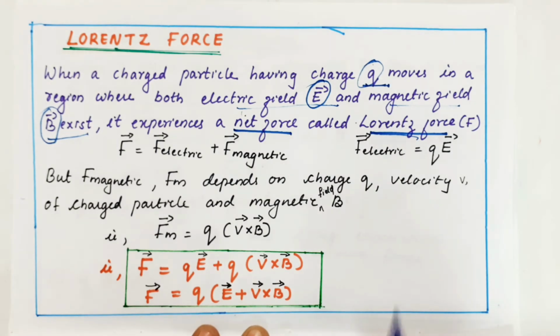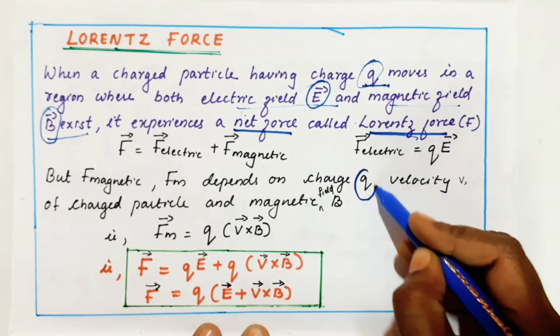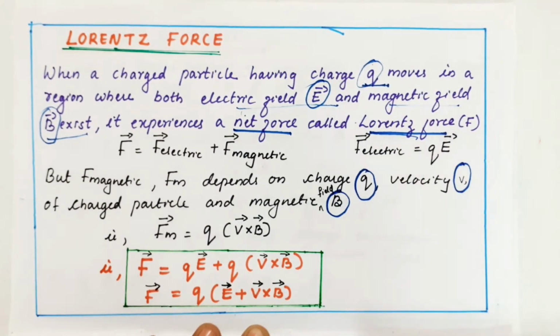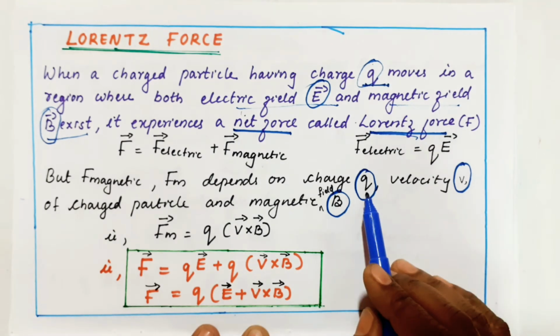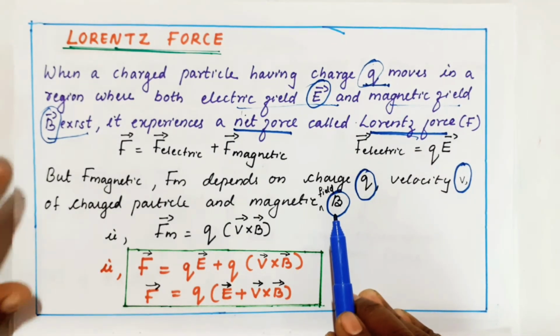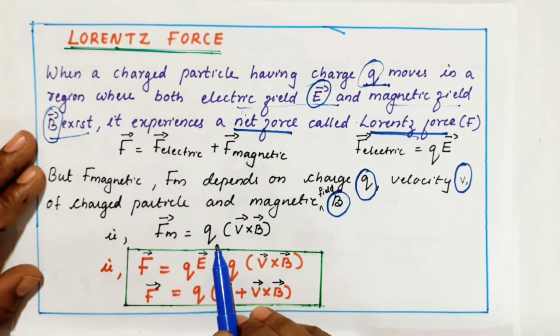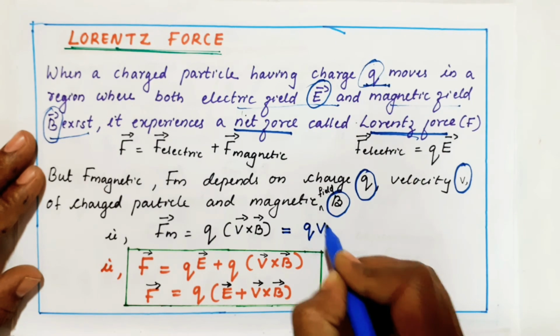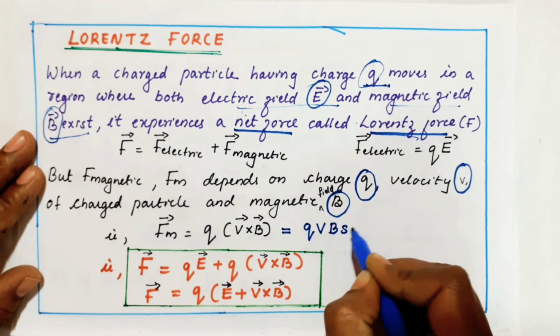It depends upon charge, velocity as well as magnetic field. Very important. Okay. So magnetic force depends upon three quantities: charge, velocity and magnetic field, and it can be written as Fm equals Q into V cross B. It means QVB sin theta.